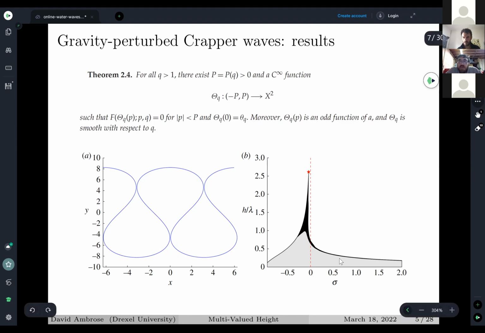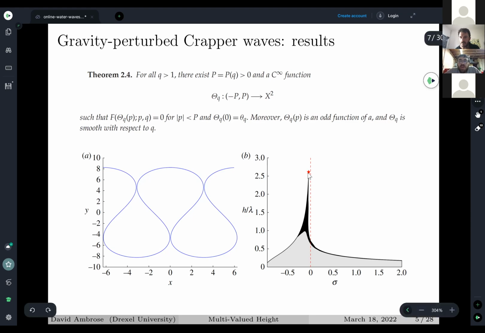And if you compute the negative gravity one, so of course the negative gravity is a little funny from a physical interpretation, but if you want to think of having a massive fluid above a vacuum, then that's where the most interesting waves actually occur. The highest amplitude wave comes with small negative gravity.